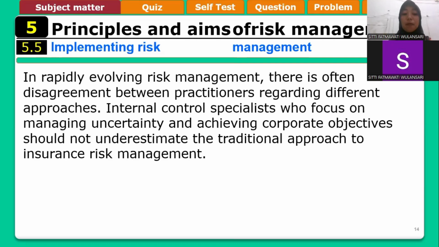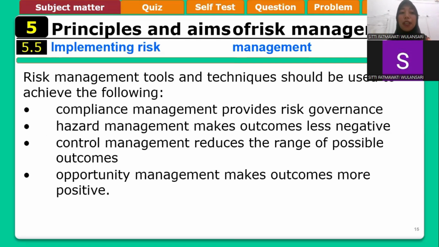So the risk management tools and techniques shall be used to achieve the following. We have four.